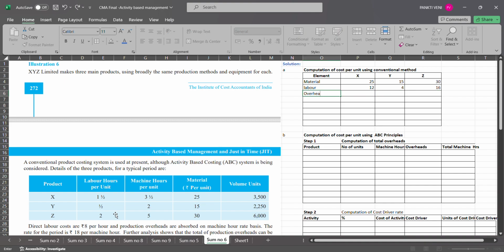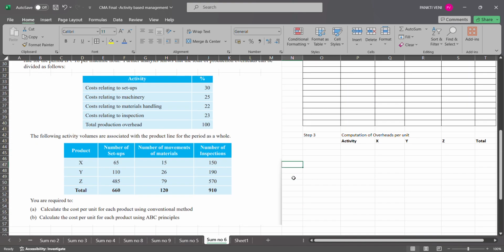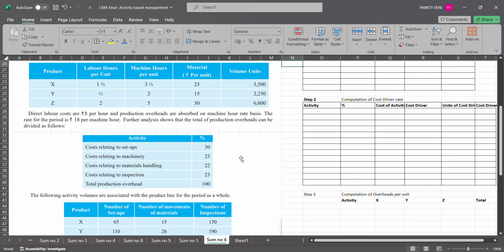Now I'll go for overheads, that is expenses. They have given the rate below the first table: the rate for the period is rupees 18 per machine hour. A factory can work either on machine hour or on labor hour.